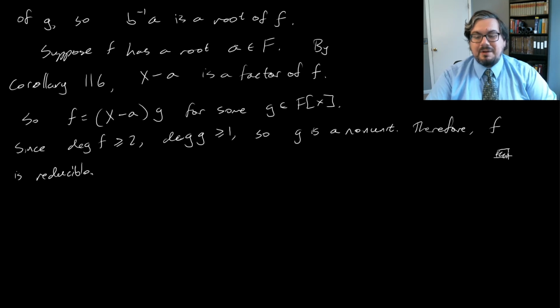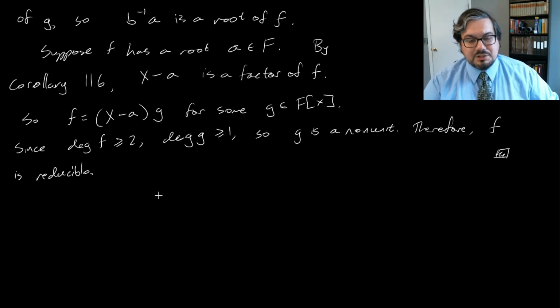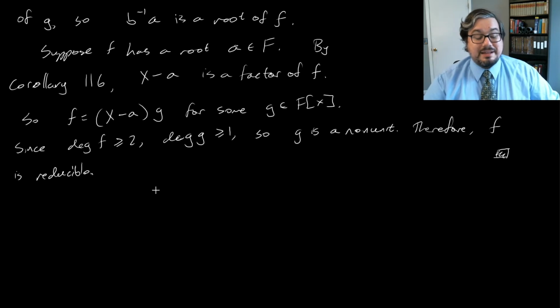If we can find a root of a polynomial within the field of fractions of the coefficient ring of the polynomial ring it belongs to, then it is reducible if the polynomial is degree 2 or 3.